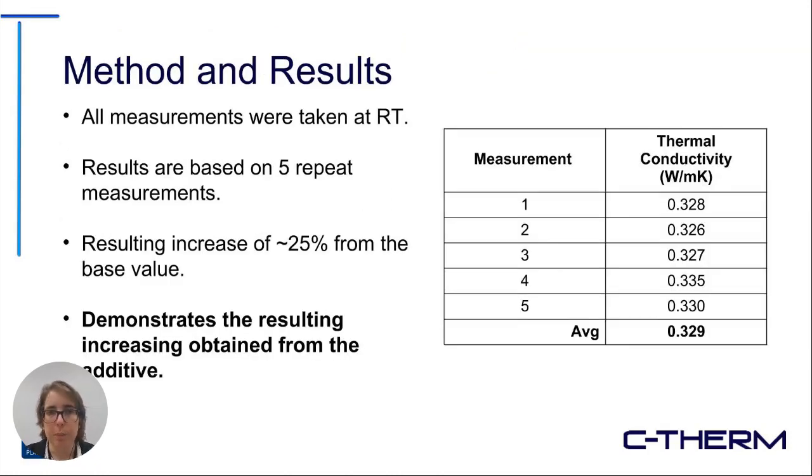If you take a measurement of the composite material modified with the molybdenum disulfide, what we get is a thermal conductivity that is quite a bit higher, about 25% higher than the unmodified material.